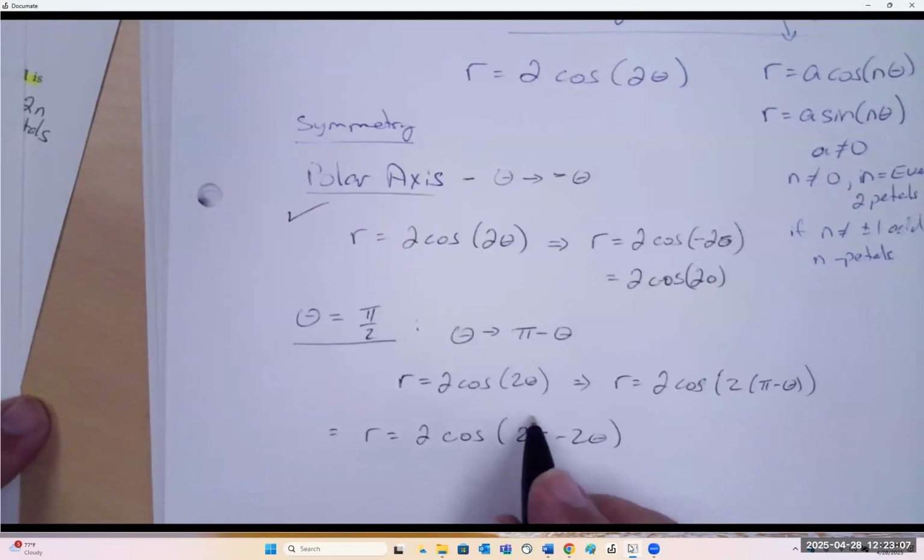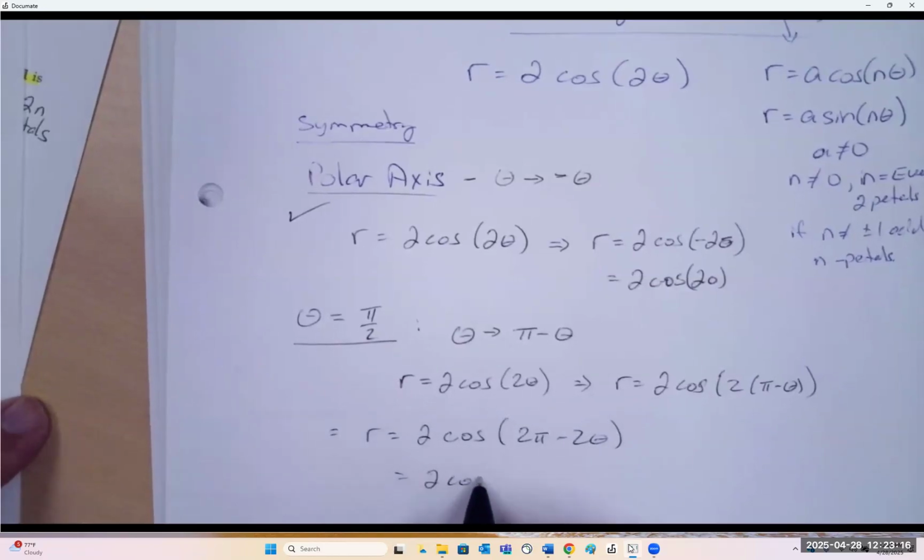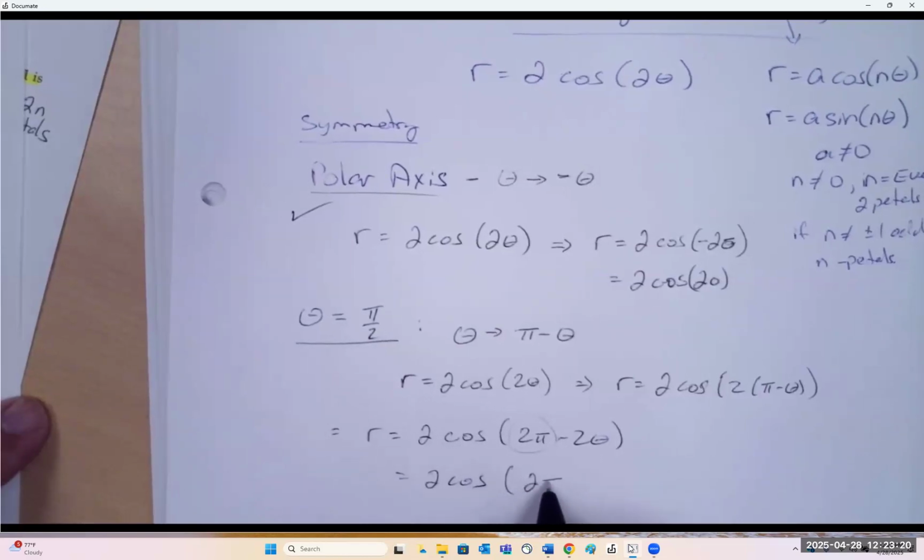Two pi, which is 1. Since it goes all the way around, it's just 2 theta.